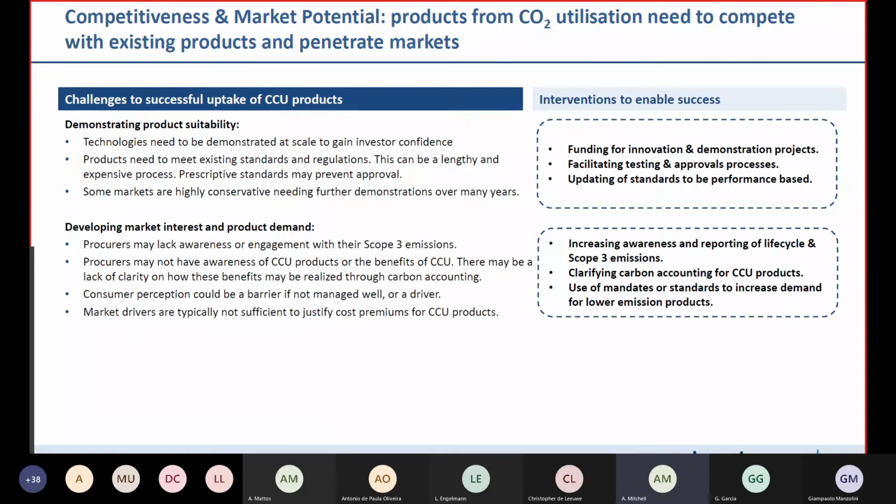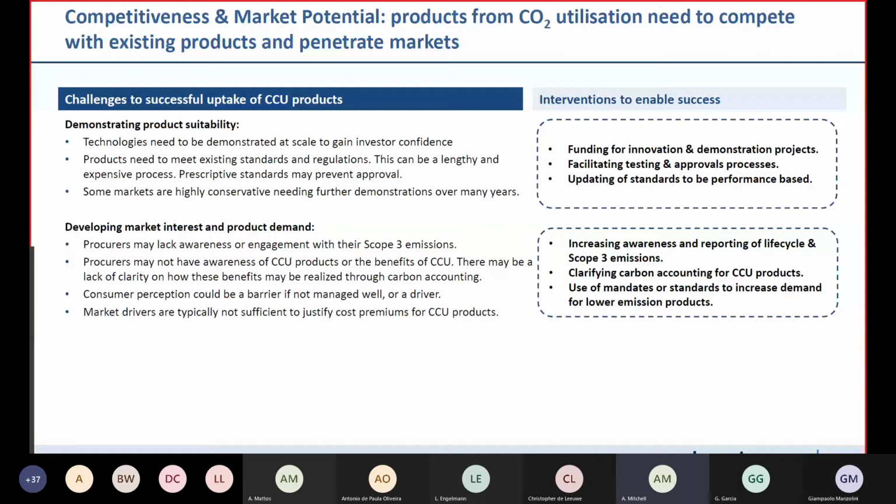Next slide. Secondly, the product needs to be able to have people that are willing to purchase it, be that company procurers, governments, or individual consumers. The challenges here relate to conveying the benefits of CCU products. In particular, product procurers may not engage with their emissions, especially Scope 3 emissions.